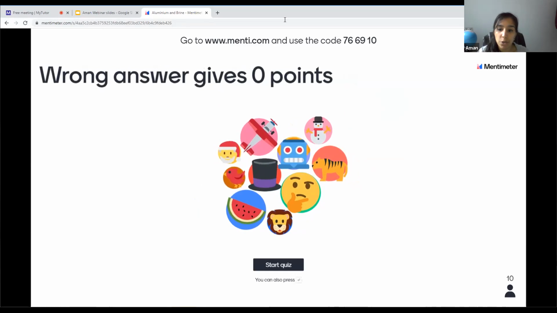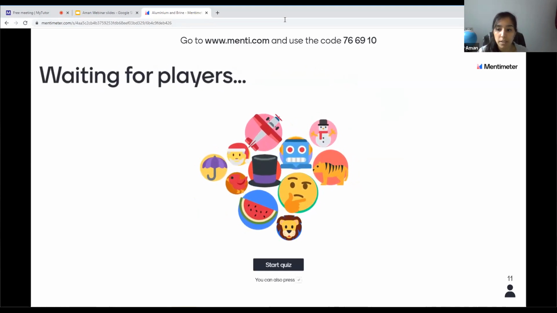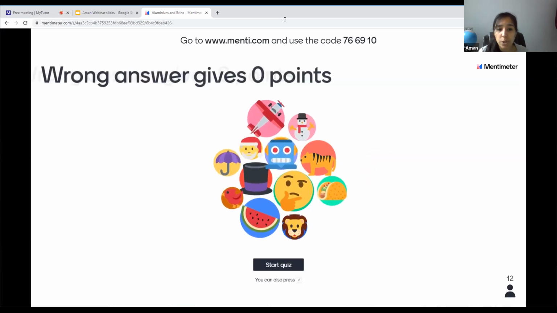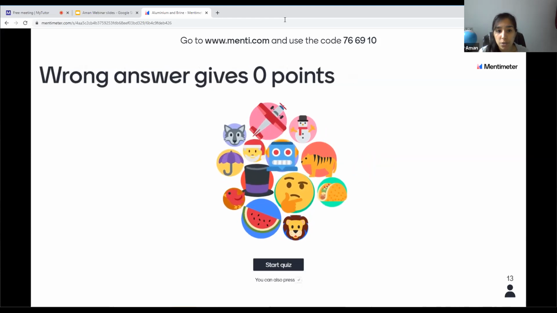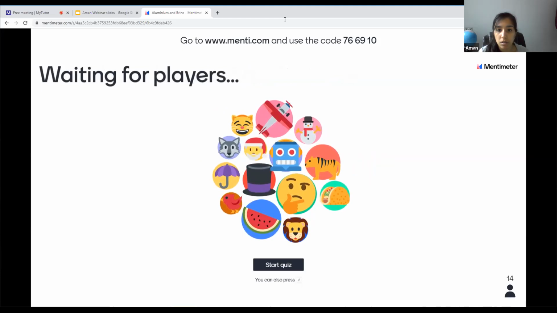Great, so for those that haven't joined, just go on to menti.com and type in the code 766910. It's free to join. You don't need to make a username or anything like that. I think you can just join. You don't need to make any kind of account.